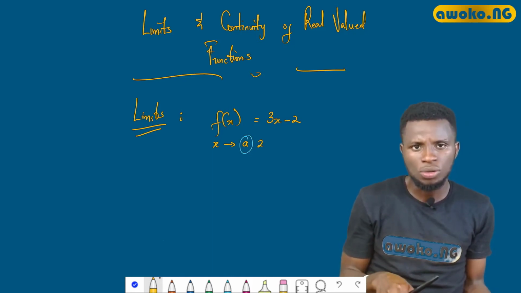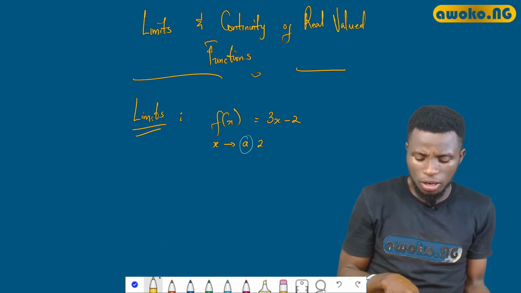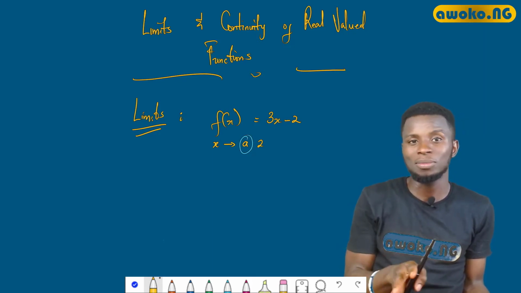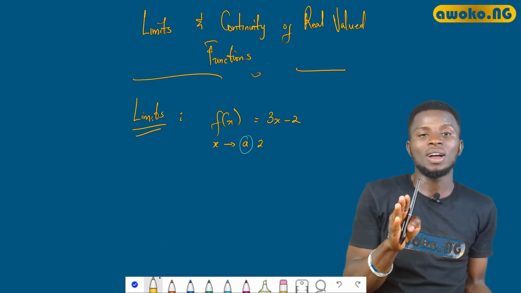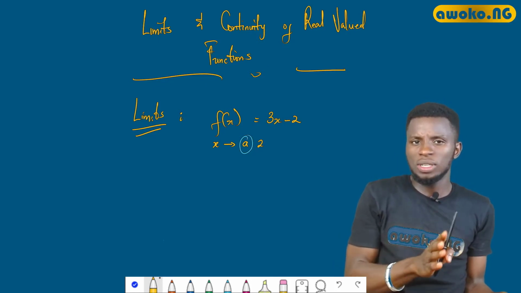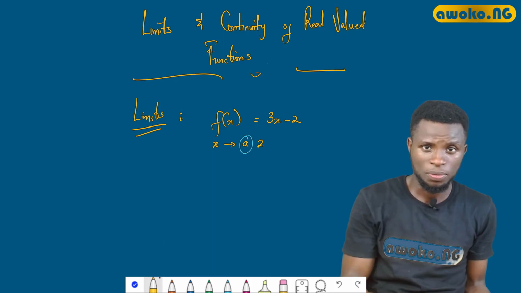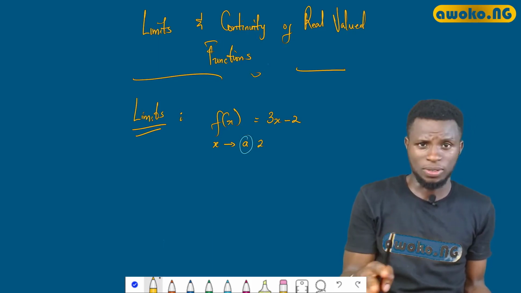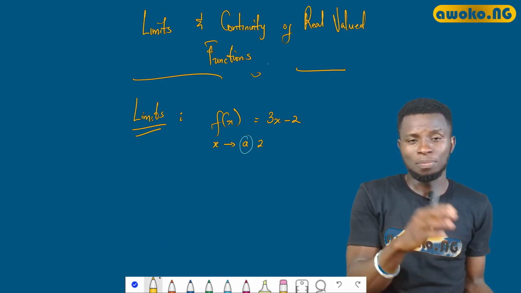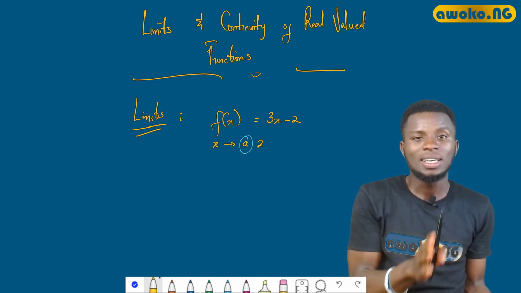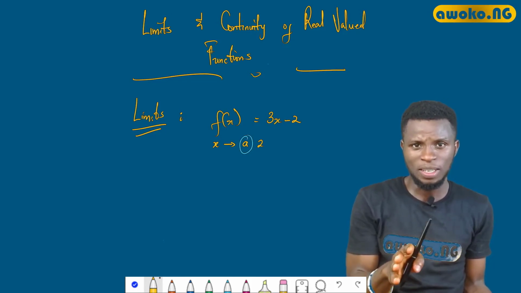As this function approaches a particular value 2, most times, in fact, about 60% of students find limits and continuity very, very difficult based on the misconceptions they have over the years. But in the real sense, limits is very, very easy. Is that okay?